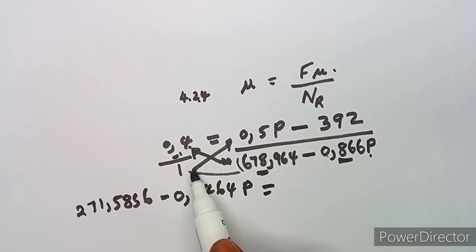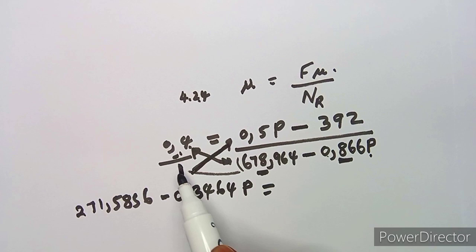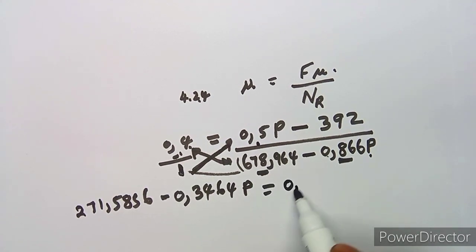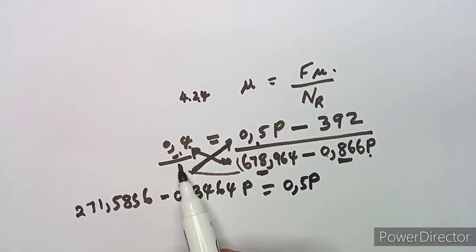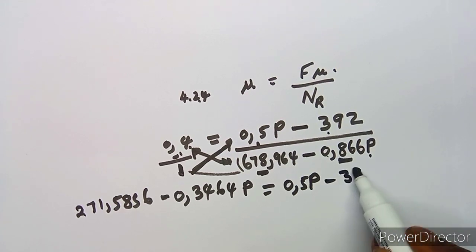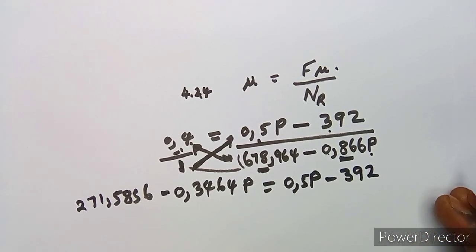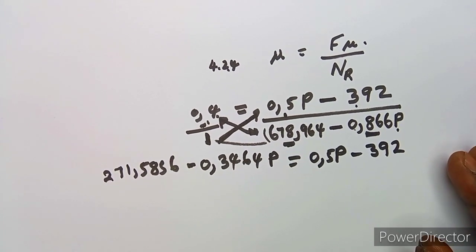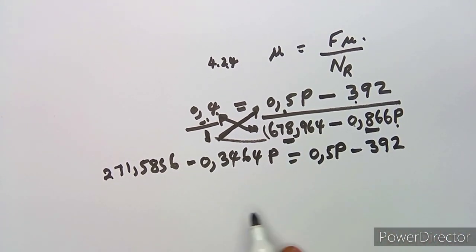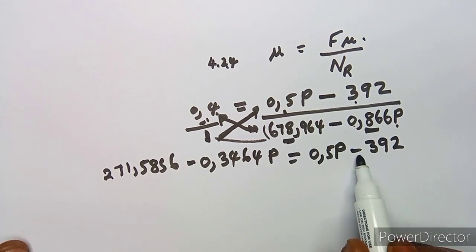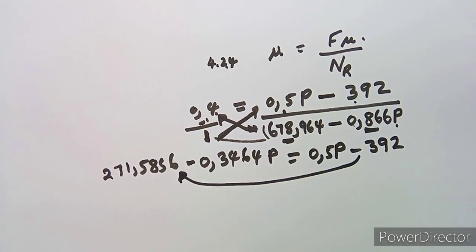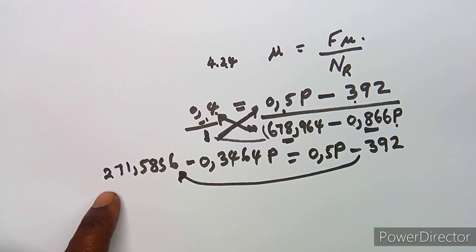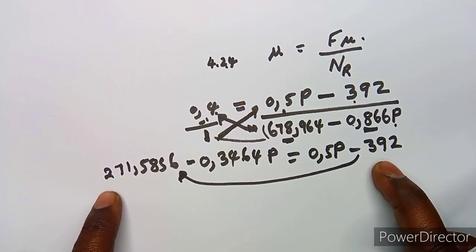Then if we cross multiply this side, as you can see, you're multiplying by 1, so it's 1 times 0.5p, which is 0.5p, and 1 times minus 392, which is minus 392. So it's now a matter of playing around with your equations from your mathematics, guys. Transpose the negative to this side, remember it's going to be positive, so you add this, and this is now positive.